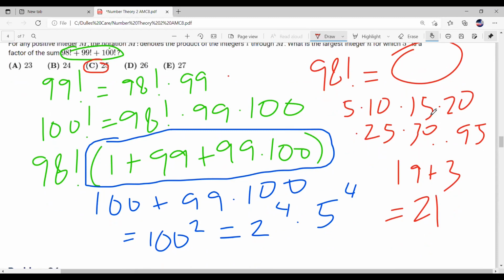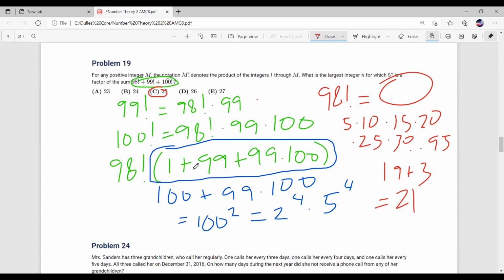And then count the multiples of 25 that are less than 98, because 25 is equal to 5 squared. So that means it would add 2 to the greatest power of 5 that divides 98 factorial instead of just 1 like the other 5s. So then we just take 19 plus 3, that's equal to 21. 21 plus 4 is equal to 25. Does that make sense?